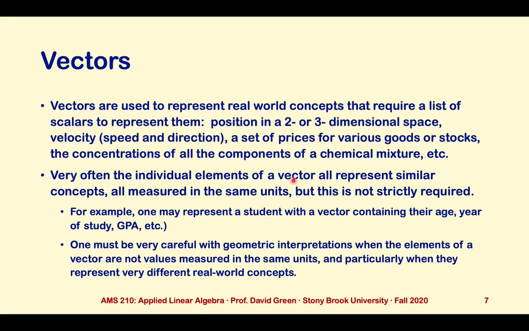But this is not strictly required. We may, for example, describe an individual student with a vector that contains various scalars about that student: their age, their year of study, their GPA, their student ID, various things. Each of those entries is a scalar, but they all mean very different things.